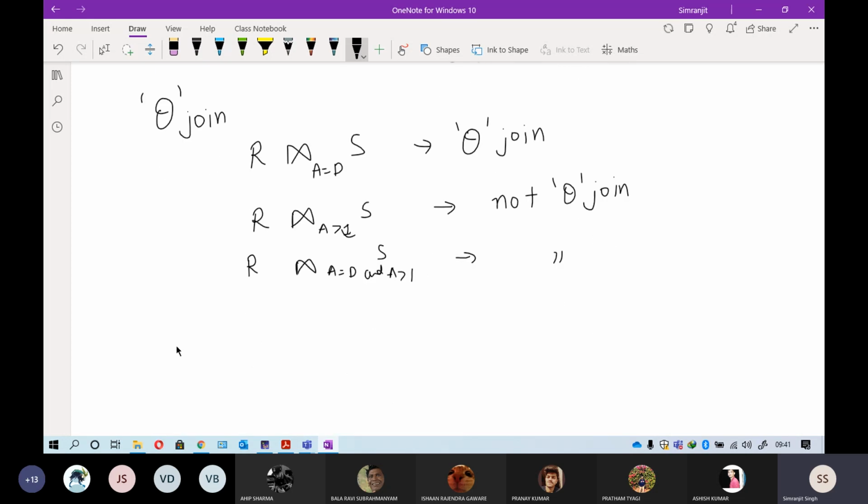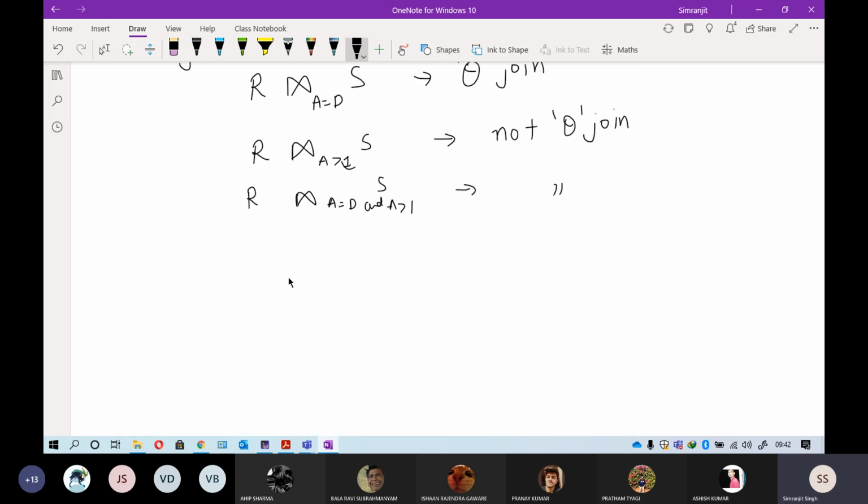Now, to conclude, what is the difference between cross product and a join? I'll again write the statements here. You are given two relations R and S. I'm generalizing everything now.